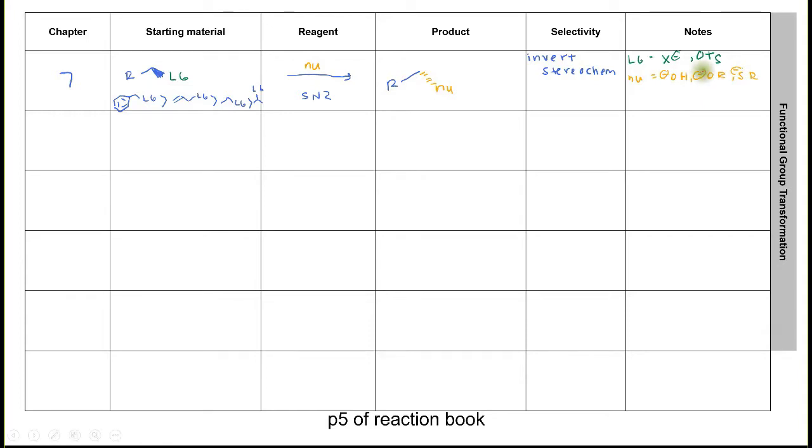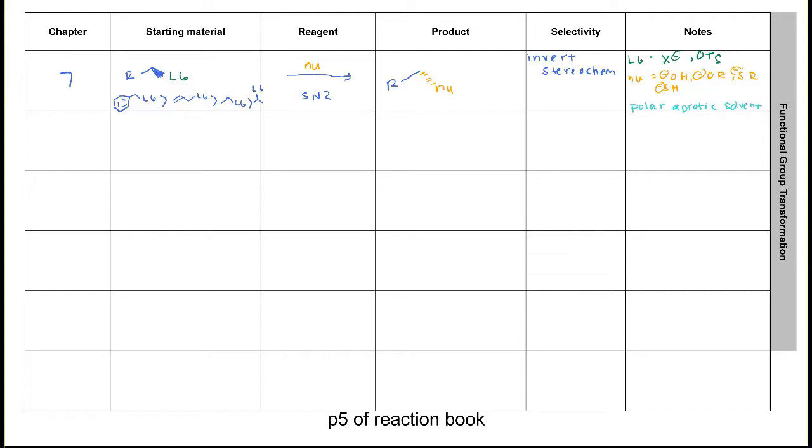And we can use SH minus. So sulfur acts a lot like oxygen. And then for this, I also put a note here that we want a polar aprotic solvent. All right, that's the first reaction.